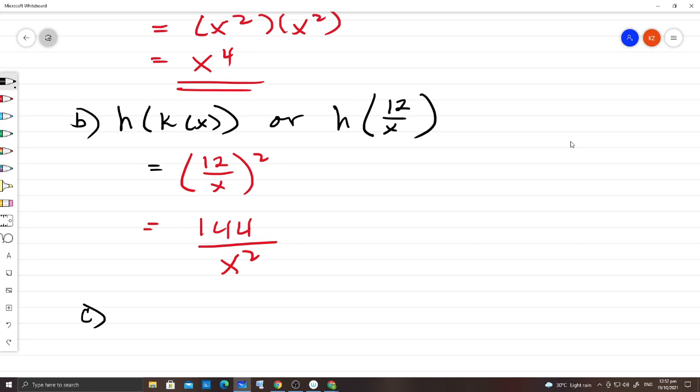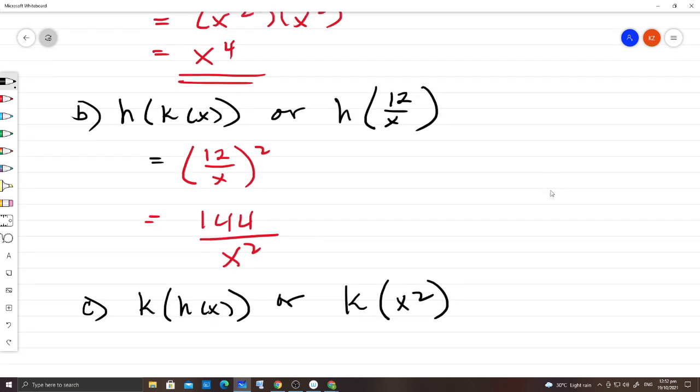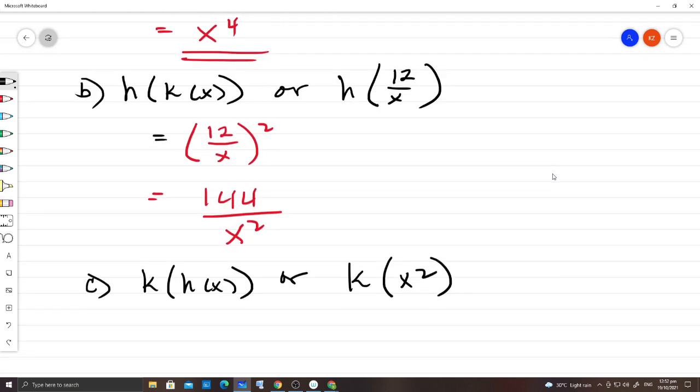Next, let us see. So k is composed of h of x, or k is composed of x to the power of 2. Wait, am I correct? h is composed of 12 over x.